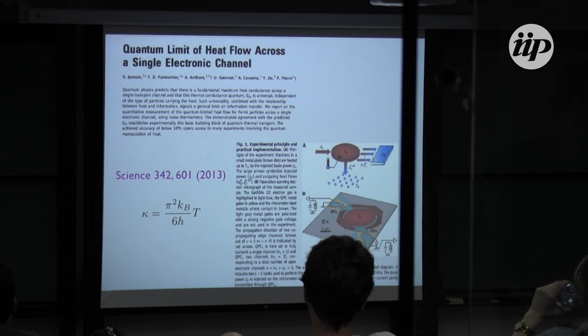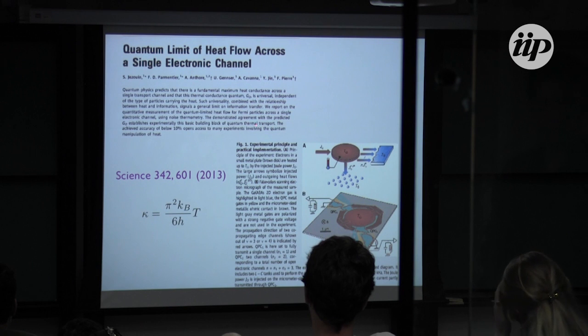Most of the studies in these systems are focused on investigating the behavior of the charge transport. But there are already some few examples of investigating also the behavior of heat transport, and this is one of the examples.